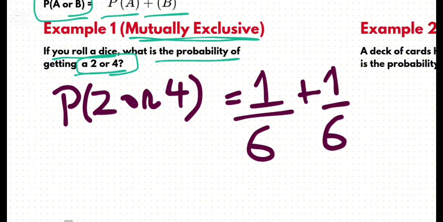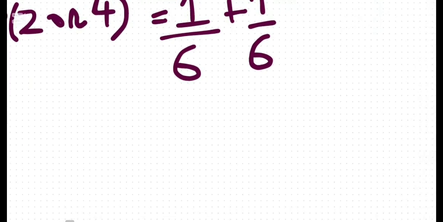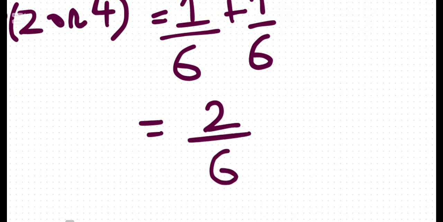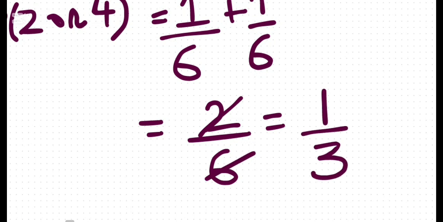After solving, it becomes 2 over 6. After cutting this value, 2 divided by 2 is 1, and 6 divided by 2 is 3. The answer is 1 out of 3.